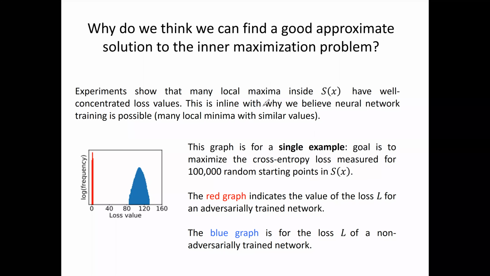They did a bunch of experiments, and basically what this experiment shows is that there are many local maxima inside this region, let's say this infinity ball around X, that have quite concentrated loss values. So there are many good points on which you can train, which is in line with a potential hypothesis for why neural network training works altogether. There are many good points that perform well.